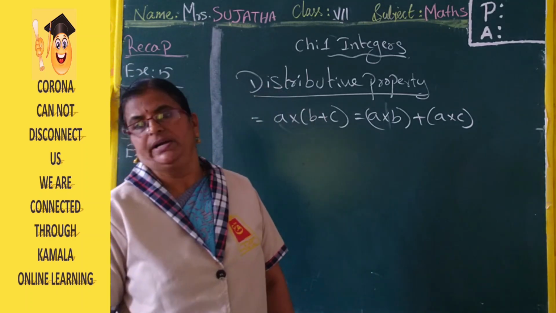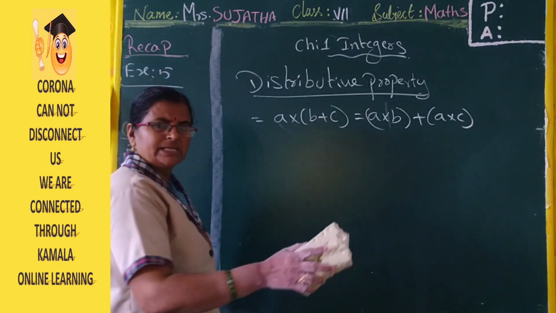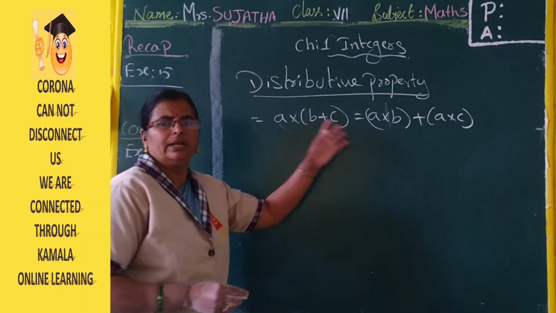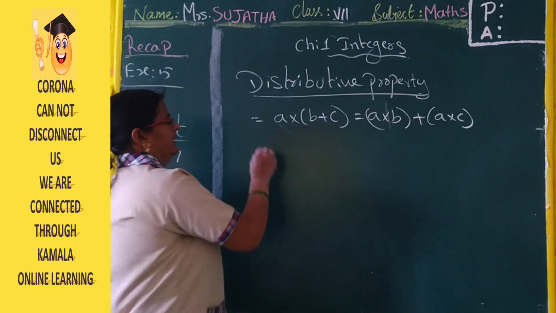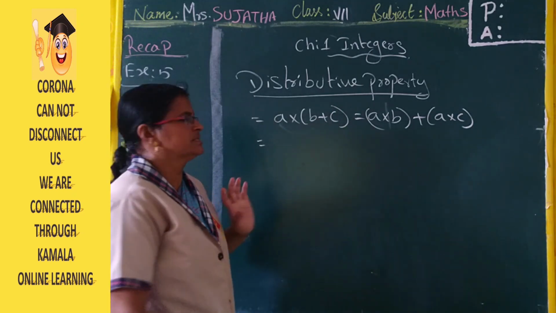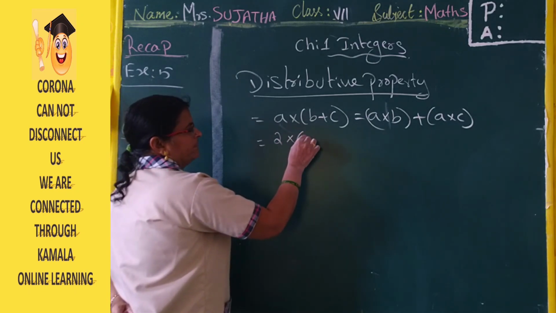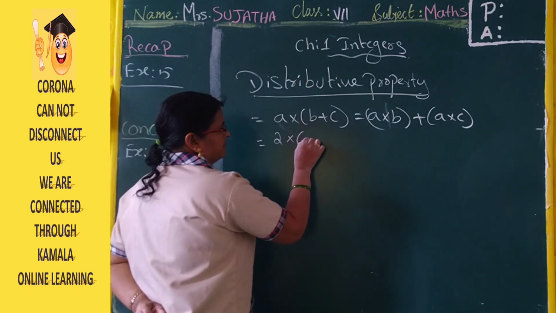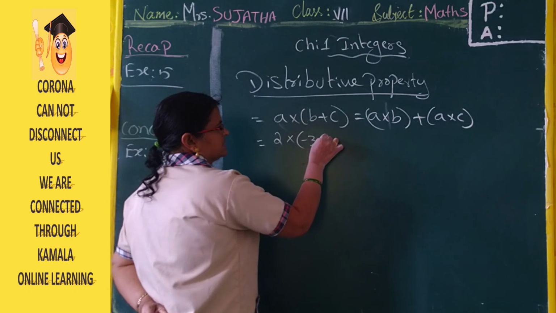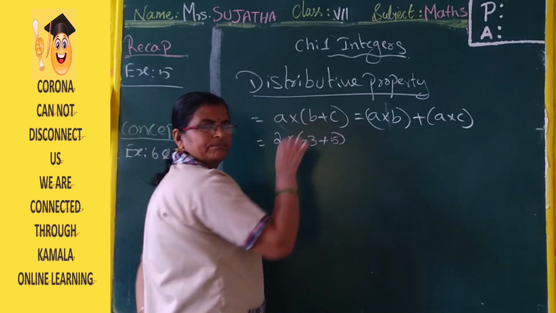See exercise 1. So, one example I want to say. Take small integers and we'll prove that LHS is equal to RHS. Now, A value I want to take 2, B value I want to take minus 3, and C value I want to take 5.